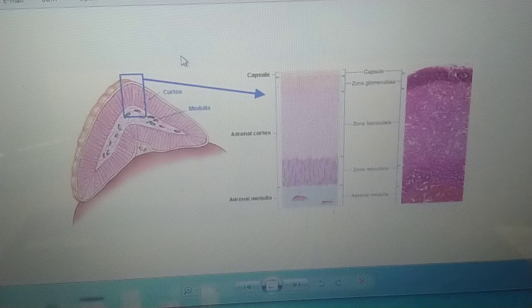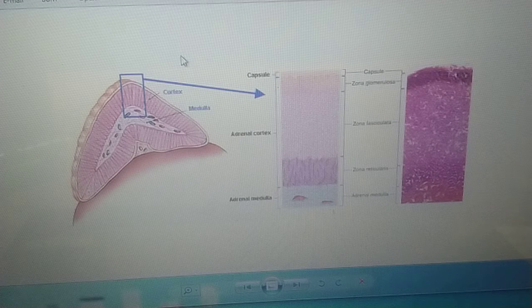Okay, now androgens stimulate the development of male secondary sexual characters like distribution of body hair. Female sex hormones secreted by the adrenal cortex are estrogens, which maintain the development of the female secondary sexual characters.